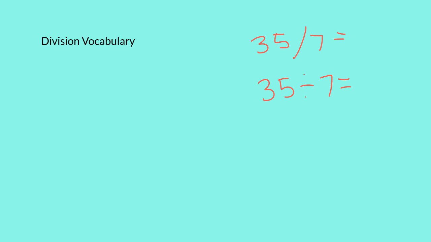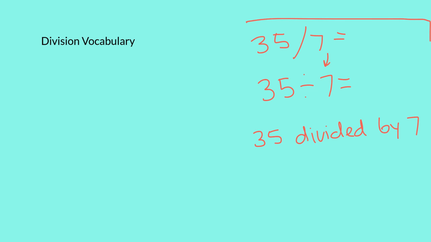That means we are breaking 35 into 7 pieces. The same thing is happening in this problem. Or you might see 35 divided by 7. Okay, all three of these mean the exact same thing.